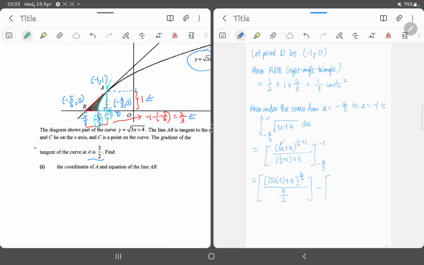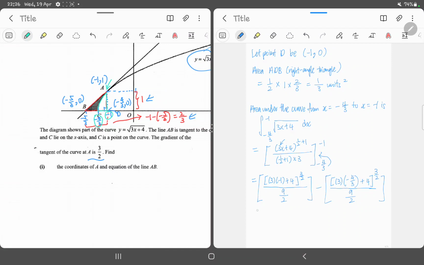And then minus, sub this inside, this will give me 3 times minus 4/3 plus 4 divided by 9/2. Okay, so sorry, I missed out the power. So power 3/2 over here.